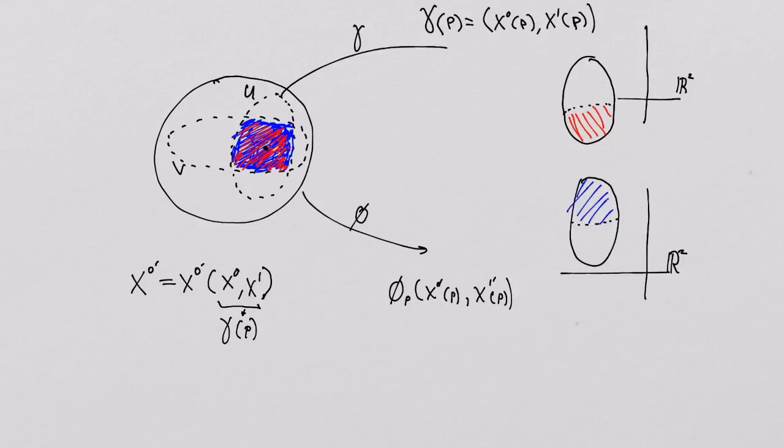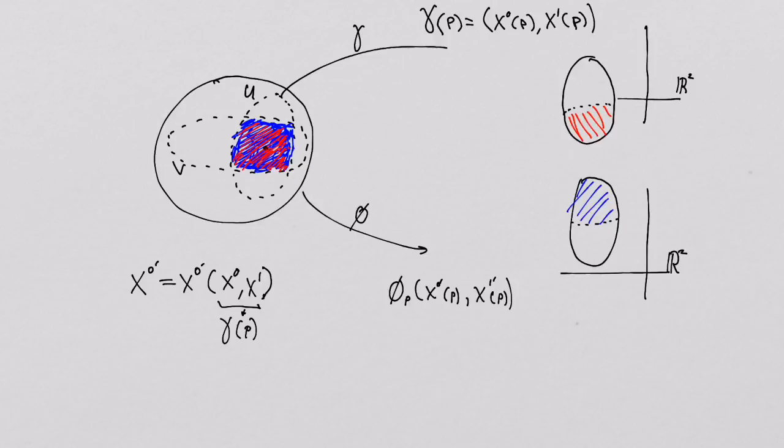Then what is this other one? Well, that one is the one dimension. It's going to be the function that takes this ordered pair and returns a real number, which is just the x0 prime coordinate, the coordinate in the new system. So we take the point here, which is gamma of p.